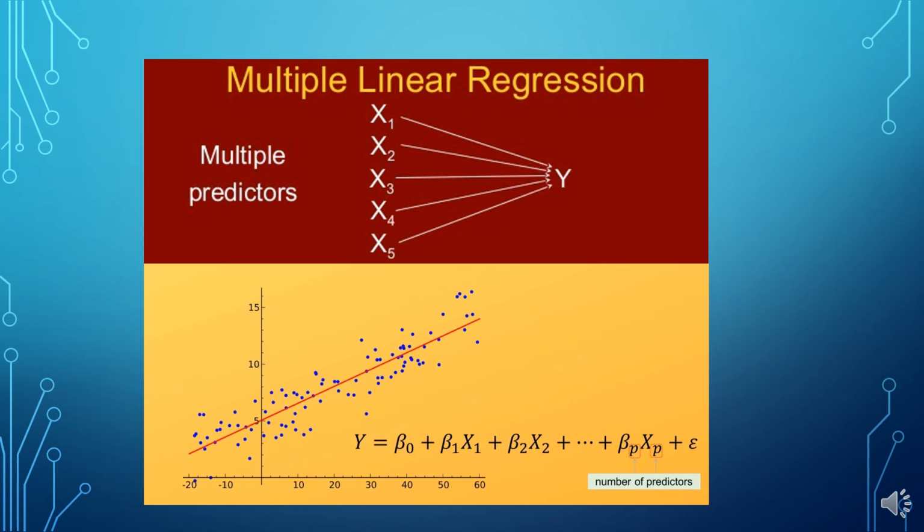So next thing we have to consider while talking about linear regression is multiple linear regression. In the previous example, we only talked about a single input variable and a single output variable. Like we have a single input variable, sales, and a single output variable, profit. But there might be a situation where the profit may not be dependent on sales only.